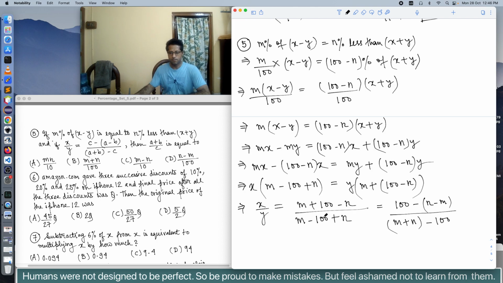Now if you see, it is given from the problem statement, x by y is given to be c minus a minus b divided by a plus b minus c.